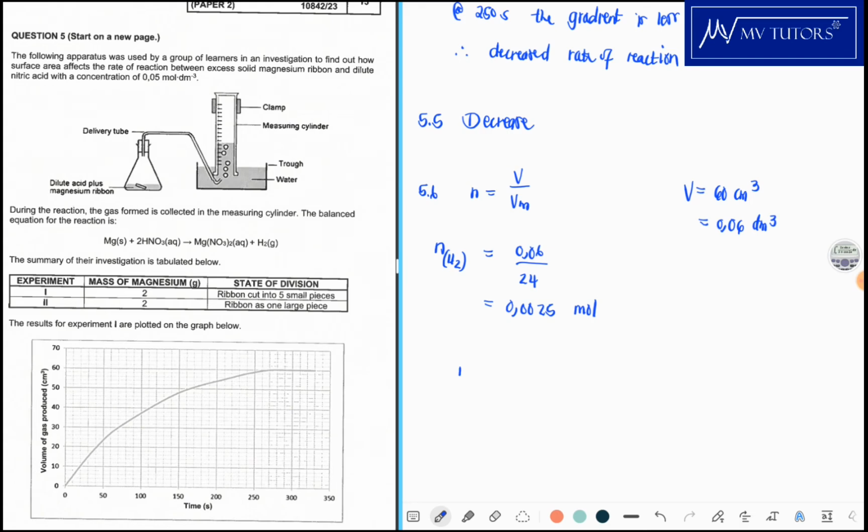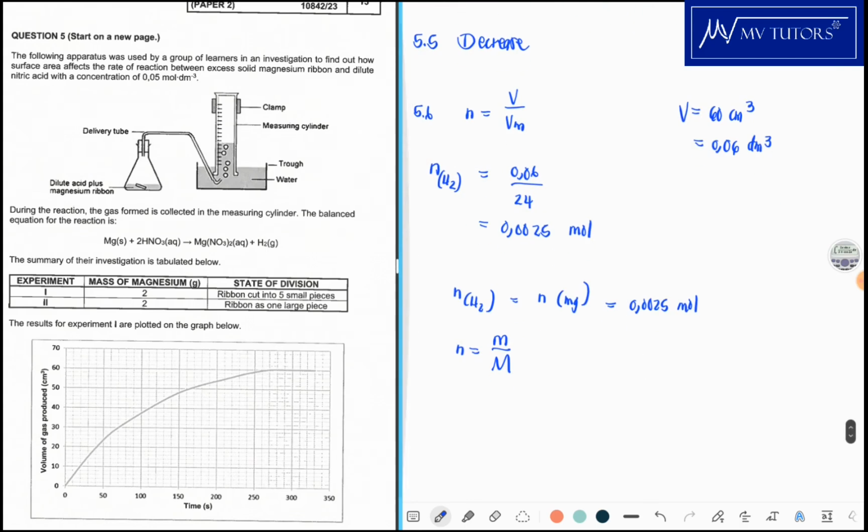So basically, the number of moles for hydrogen will be equal to the number of moles for magnesium, which is 0.0025. All right, so now we can go and say number of mole is equal to the mass over the molar mass. All right, so if I wanted the mass, I would get it by multiplying number of moles and the molar mass.